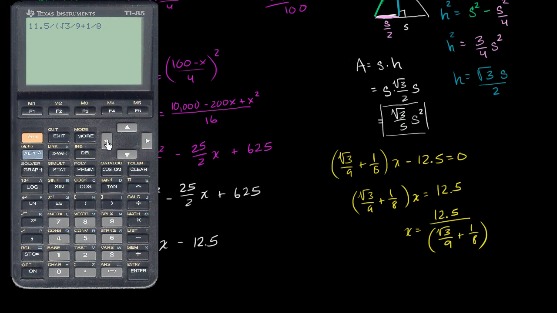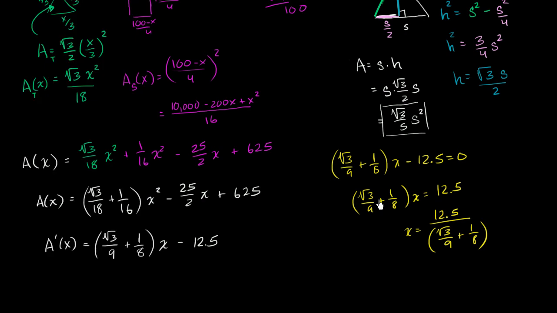And then, oh, I wrote 11.5. That's no good. So let me make this a 12.5. Let's see, so I have 12.5 divided by square root of 3 over 9 plus 1/8. Now I just have to put the closing parentheses, and I get 39.38. So this is approximately equal to 39.38.